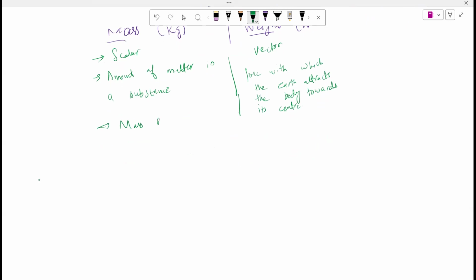Mass remains the same everywhere, whereas weight varies as the value of g changes. g is gravitational acceleration.